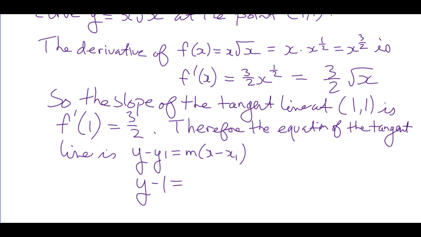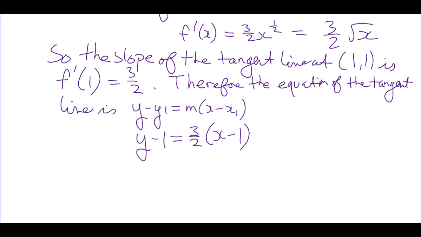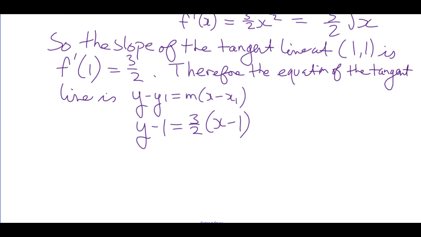So y minus 1 is equal to 3/2, bracket x minus x1. And they gave us the point 1, 1.